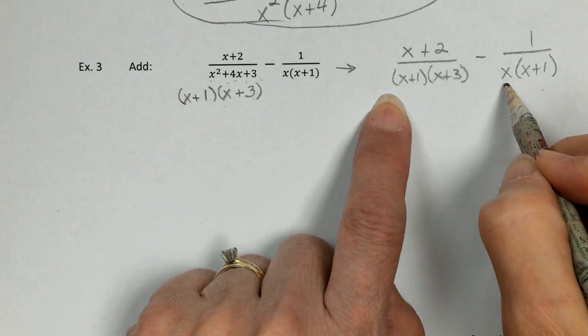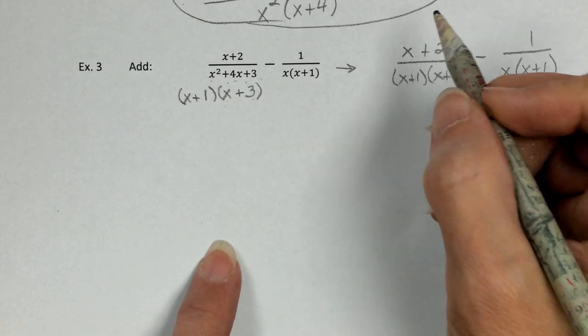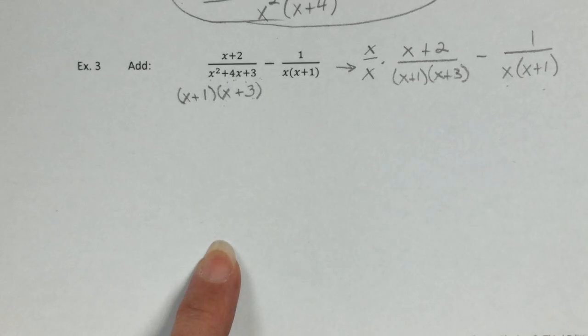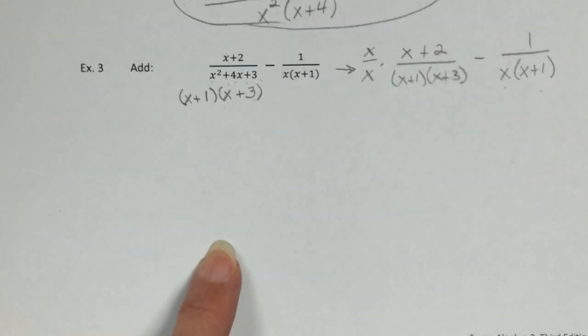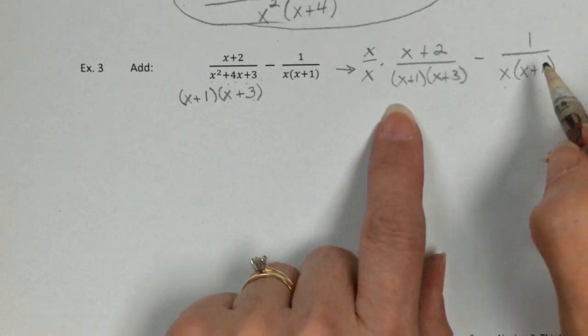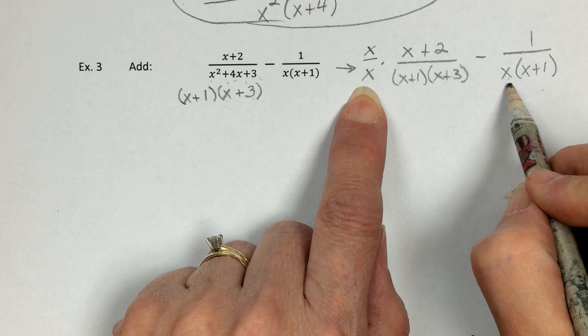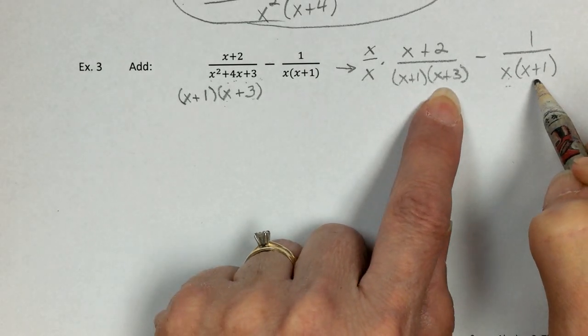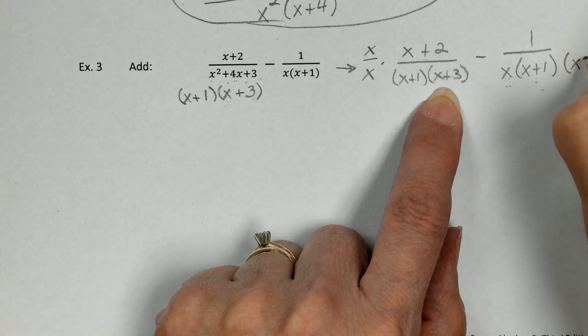This one has a factor that is just an x, and the one on the left does not. So we're going to multiply x over x times this one, and then see my denominator is x. They both have that. Times x plus 1, they both have that. Times x plus 3. So the one on the right needs x plus 3.